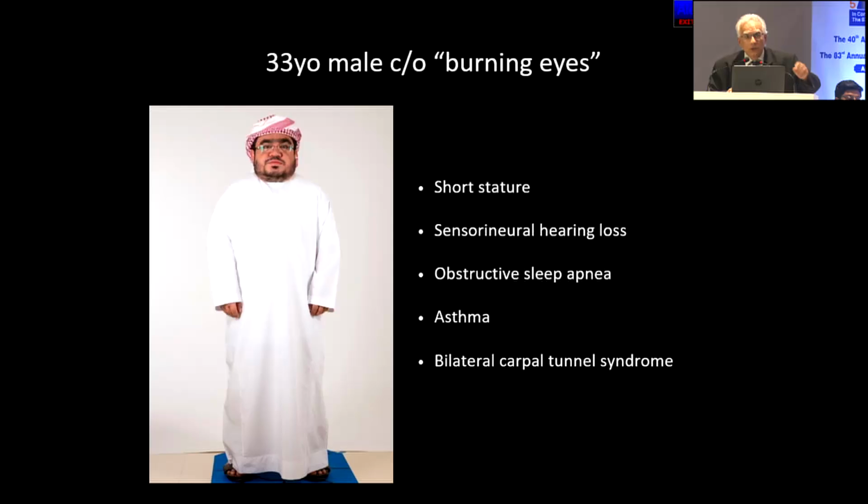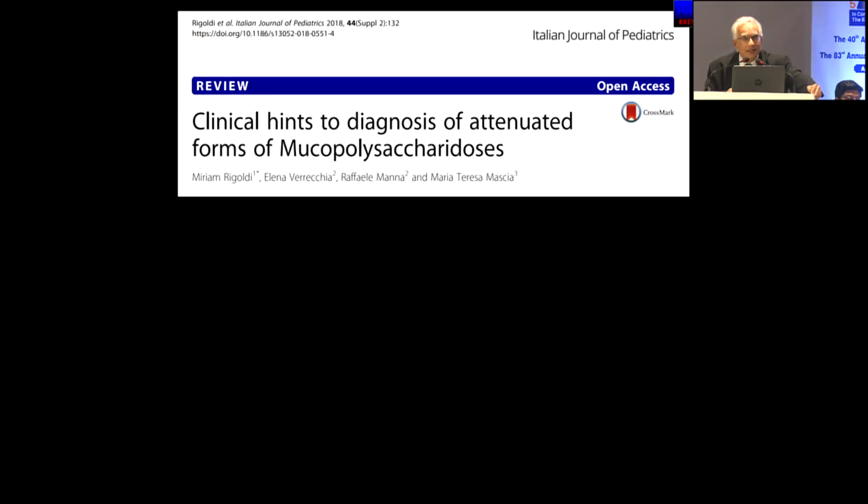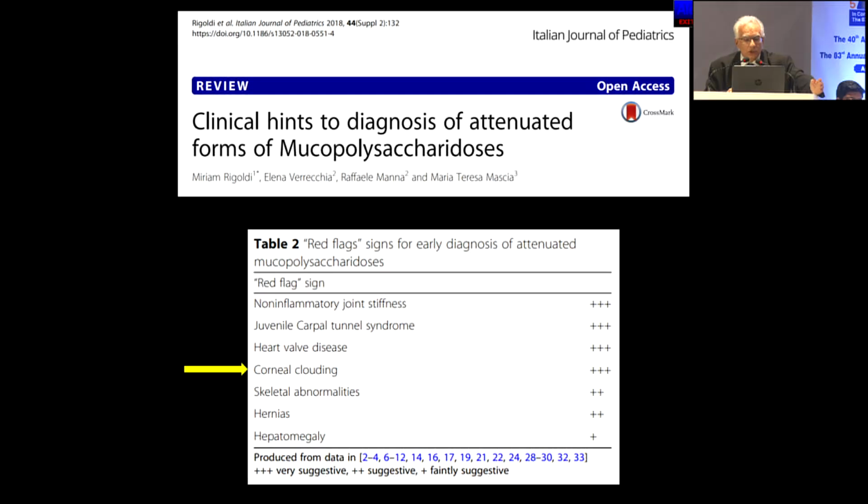What's the big clue? The corneal haze. When you look at features of attenuated mucopolysaccharidosis, corneal clouding is way up there as one of the signs. Again, we as pediatric ophthalmologists are able to pick this up and suspect it better than anyone else.